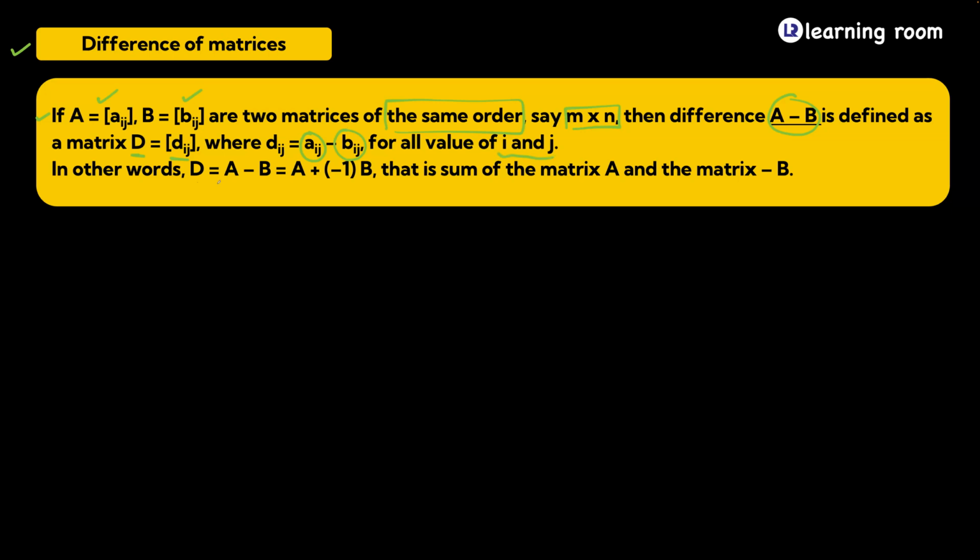So you can write D is equal to A minus B, or what is the other way of writing? A plus of minus 1 into B. That is the sum of the matrix A and the matrix minus B. So this is how the difference of two matrices is defined. Okay.